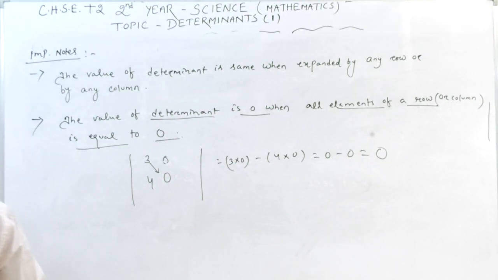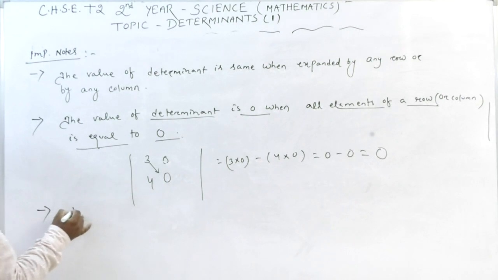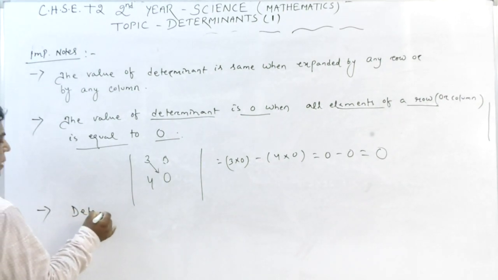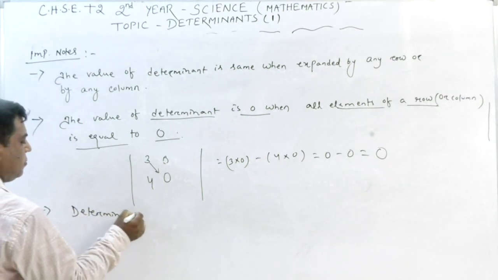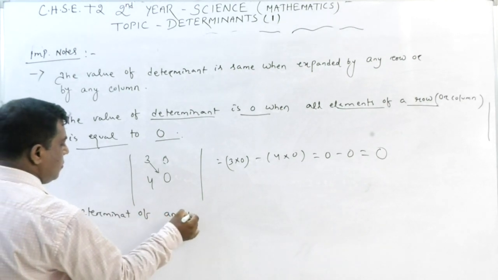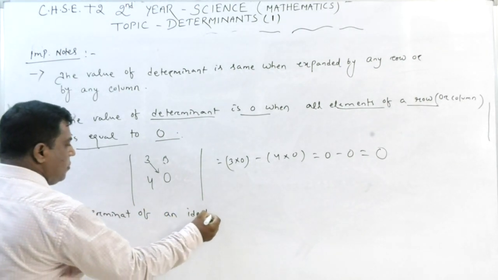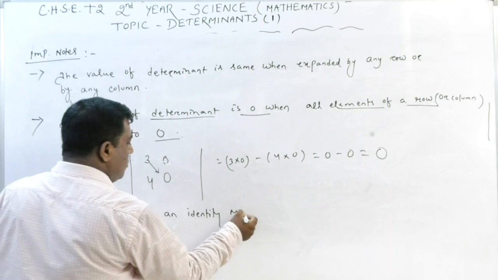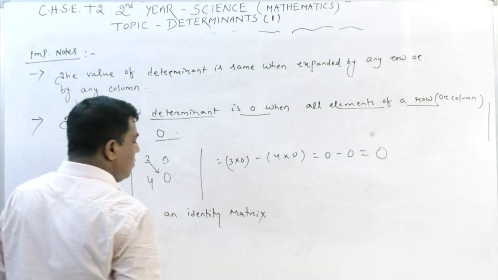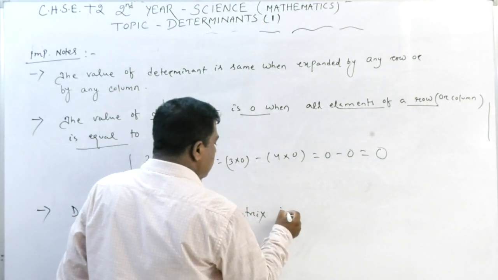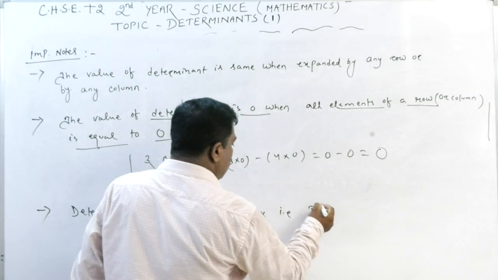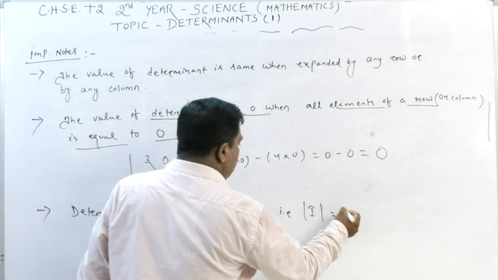Next, determinant of an identity matrix is equal to 1.